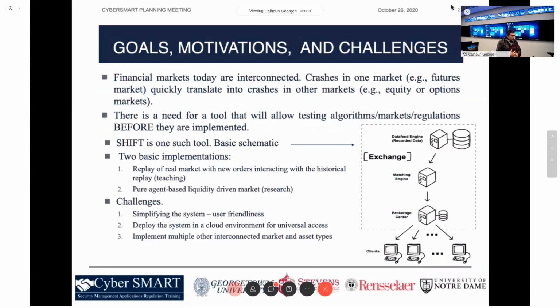We have published so far 2 papers, one just detailing the system and one where we're trying to implement something called the frequent batch auction, which is designed by some people at the University of Chicago. So we have a paper that we're working on where we're detailing how this implementation works and the flaws or the advantages that appear in such an implementation. So that's basically the system.